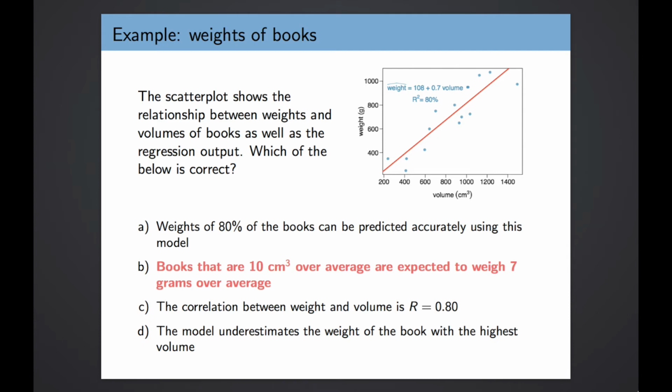If you were to follow up from that data point farthest out to the right in this scatter plot, you can see that the predicted weight for a book with that volume is quite a bit higher than the observed weight for the book of that volume.